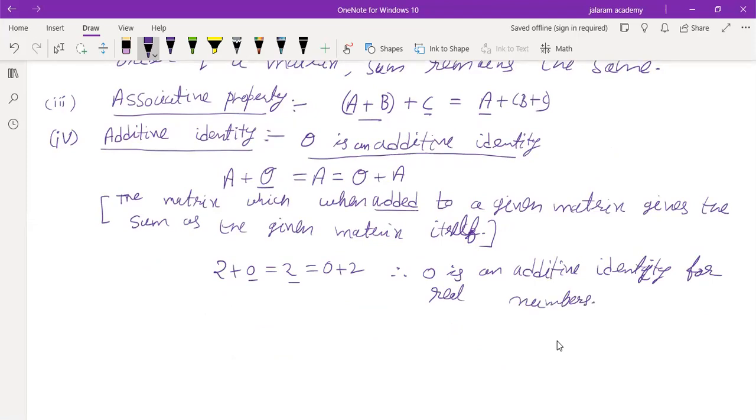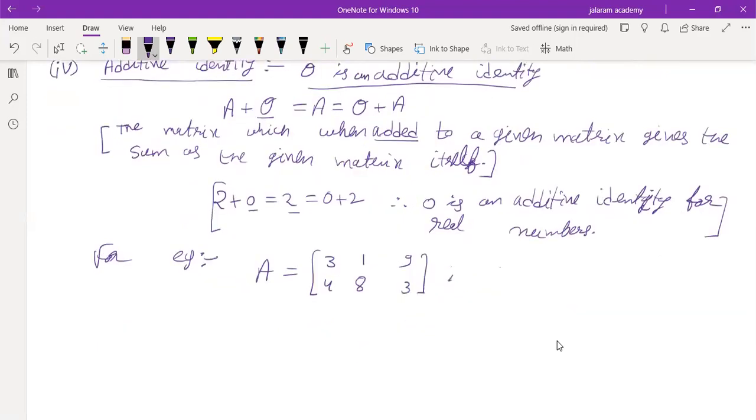But in case of matrix, if matrix A is given by 3, 1, 9, 4, 8, 3, the order of O must also be the same: 0, 0, 0, 0, 0, 0.